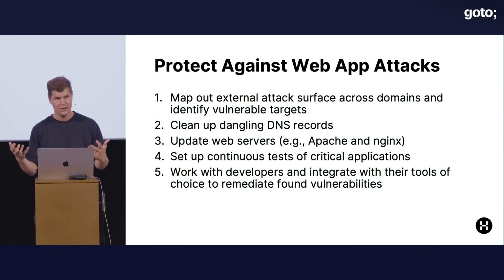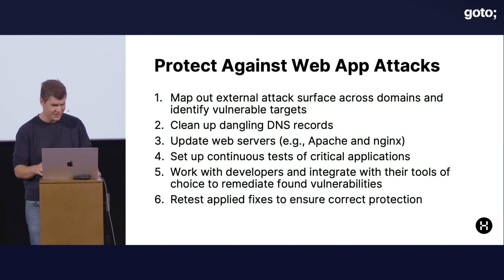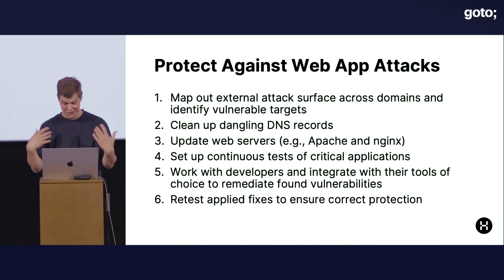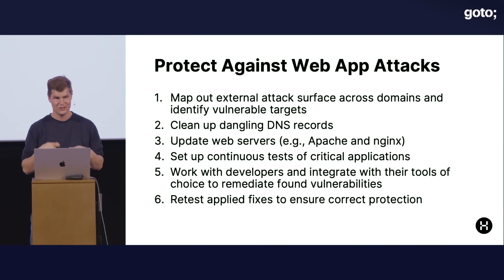And if there are any issues found, you could qualify that issue and bring it back into Jira or Azure DevOps or wherever you're working. You should then retest that the applied fix actually provides the correct protection, and then continuously test that you're not introducing issues again. We typically find these regression issues quite a lot. And then rinse and repeat. That's really the recipe that we've got for you here.